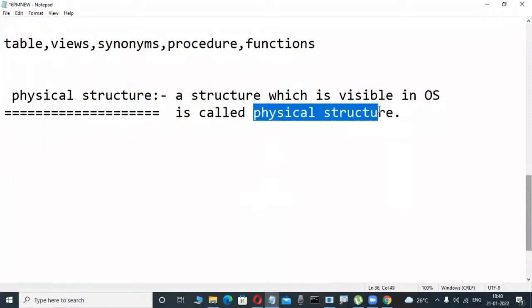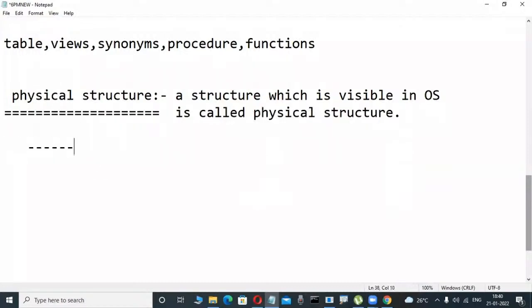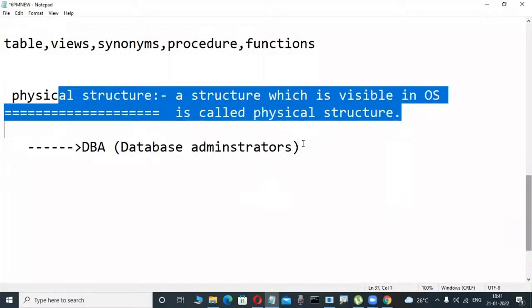But the physical structure, you and I are not working in it. Some different type of persons are working in it. Who are they? DBA, database administrator. In a project, some other type of persons are there in a database. Database administrators only work in the physical structure.